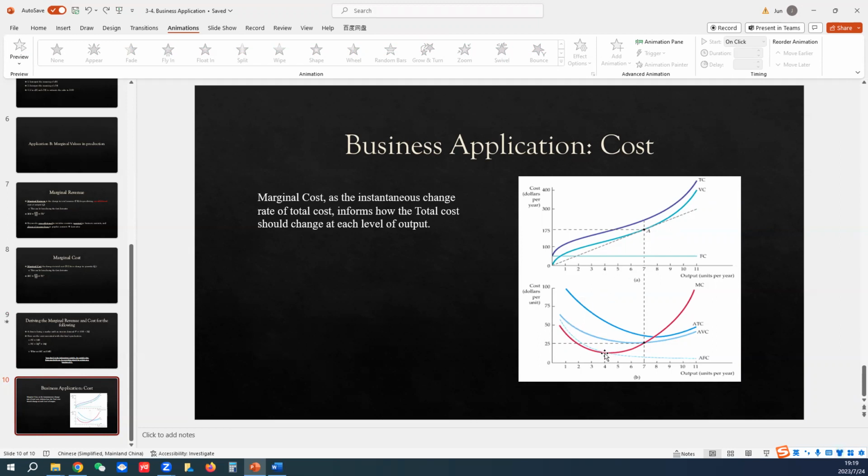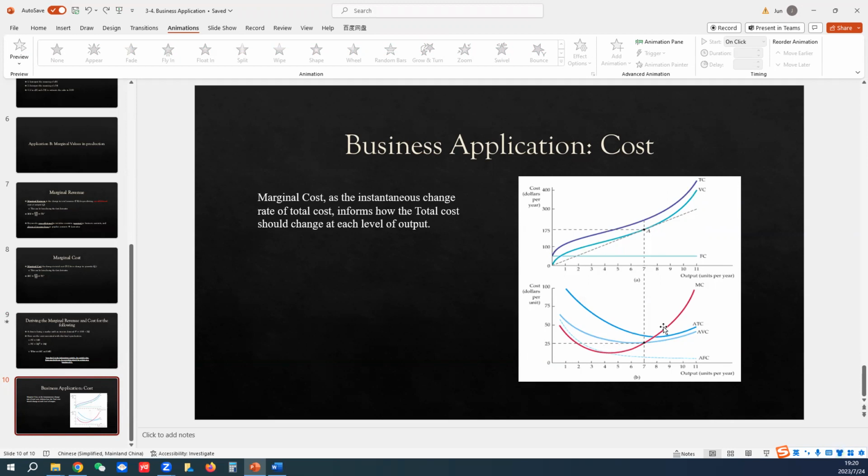Then before unit 4, the marginal cost was decreasing. That means your increasing trend is slowing down, right? Previously it was increasing very fast, and then the slope of the tangent line at each point is getting flatter and flatter. That tells you before unit 4, the total cost exhibits the pattern of a concave function.